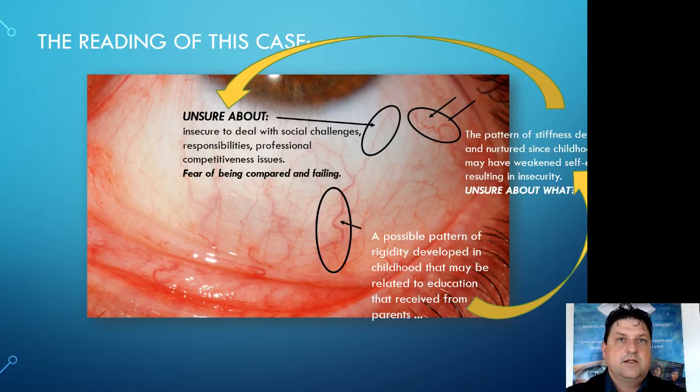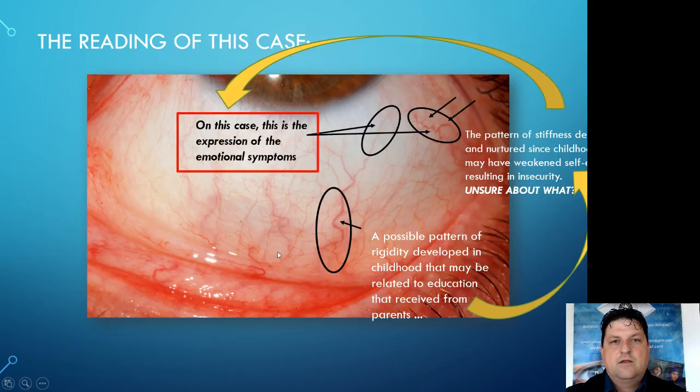Because, as I said in the beginning, all our physiological tissues are an expression of our vibrational tissues, vibrational energy and systems. Okay? So in this case, this is the expression of the emotional symptom. Okay? So here we have the expression of everything that's happening.